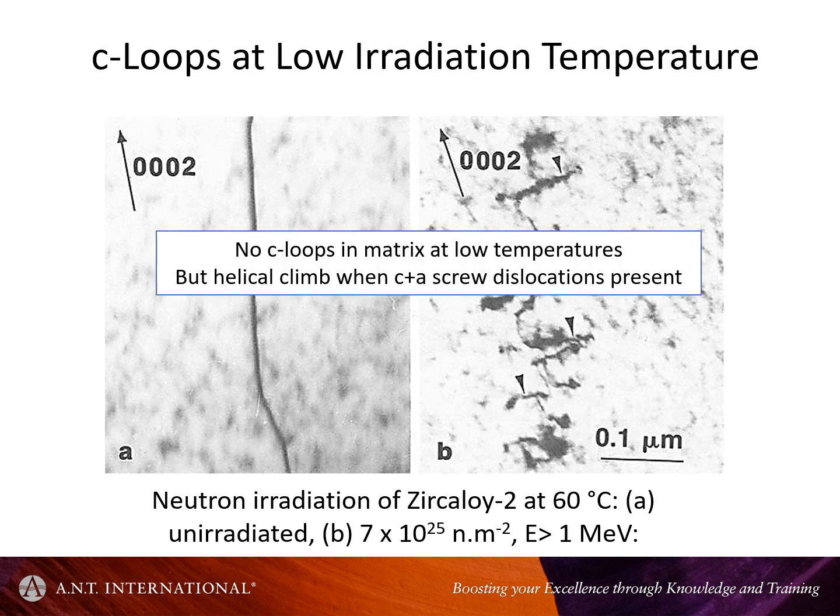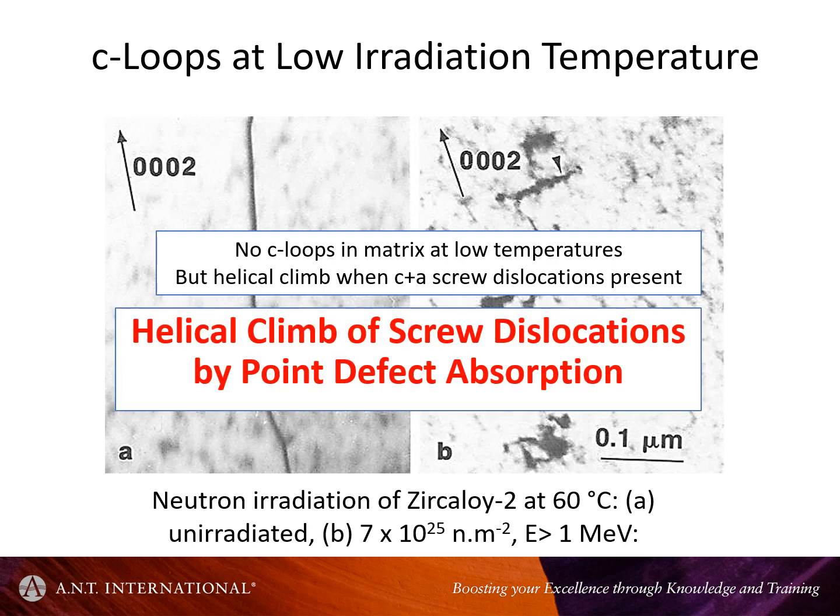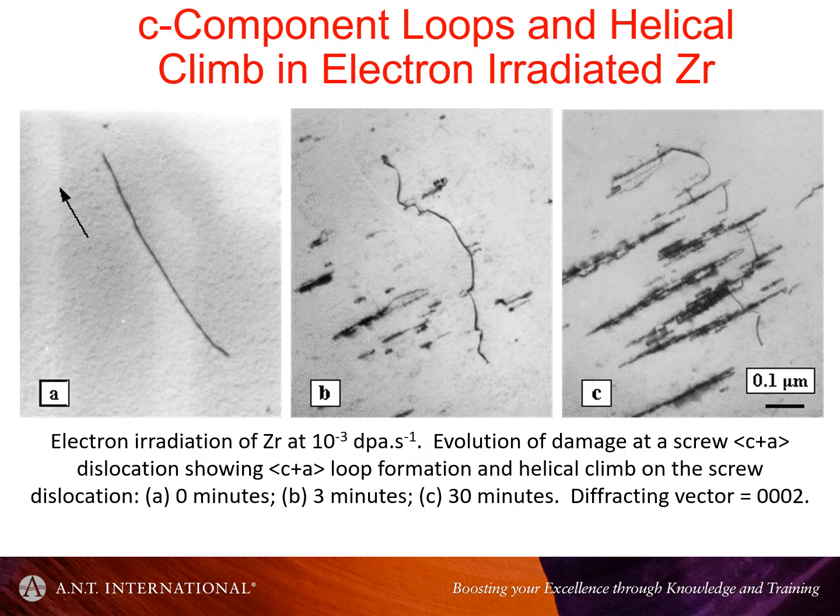So we don't get any C loops at low temperatures, but helical climb. And the helical climb occurs by point defect absorption on the dislocations. Here's an example showing this helical climb. In this case it's at 300 degrees C, though I haven't said that, but I can tell you that.